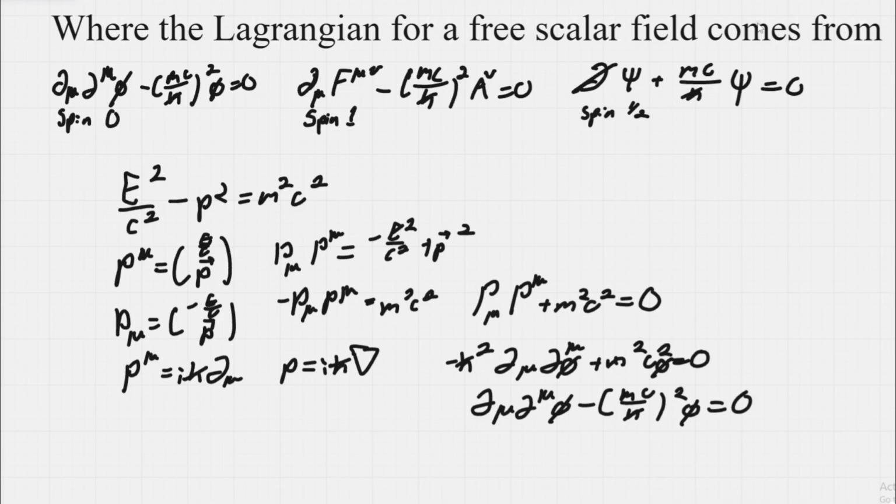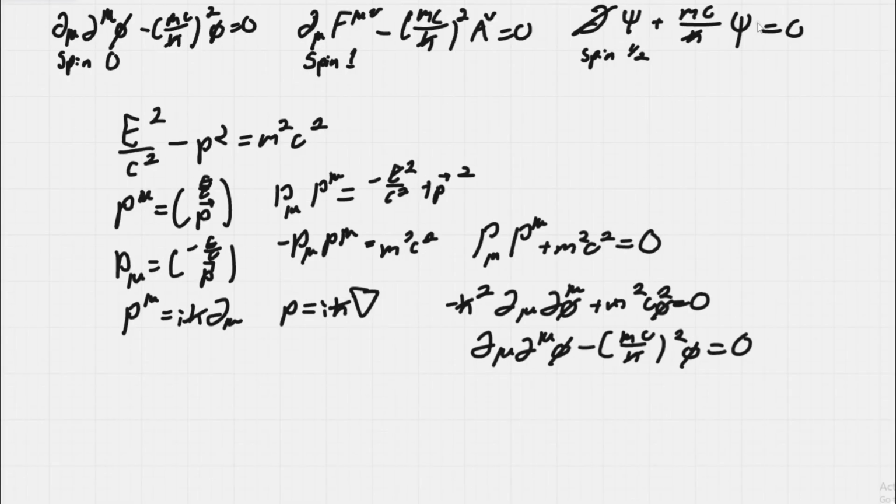And that is exactly the Klein-Gordon equation. So the Klein-Gordon equation is just telling us that motion has to satisfy the mass shell relation that we're all familiar with. Now let's move on to how we actually get the Lagrangian from this.